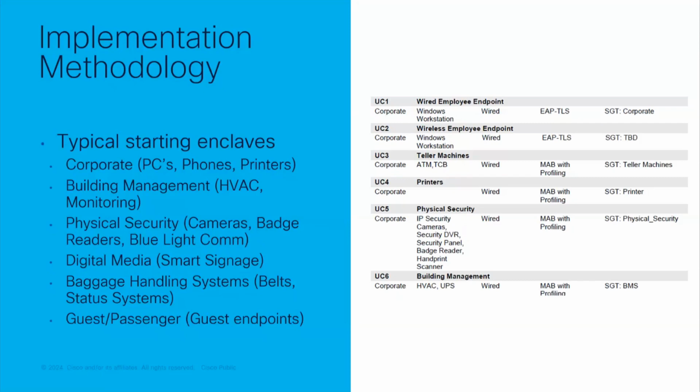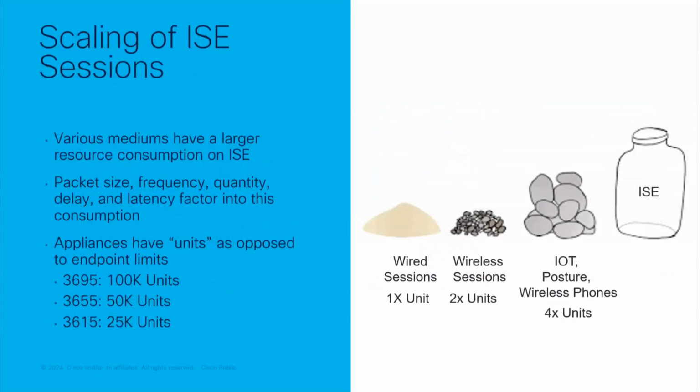First, starting with that contextual identity piece, what that contextual identity means to the network overall. When we start to talk through what some of these aspects mean, we also have to consider how we scale these types of use cases when it comes to an identity services deployment. When we do an implementation, we're going to find that various mediums have larger resource consumption on ICE.